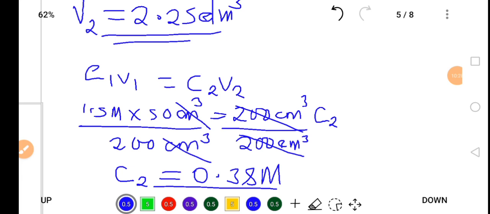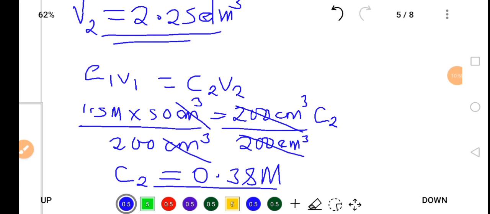That's very good. Just use the calculator very well, because 1.5 times 50 equals 75, 75 divided by 200. So take note of the value.